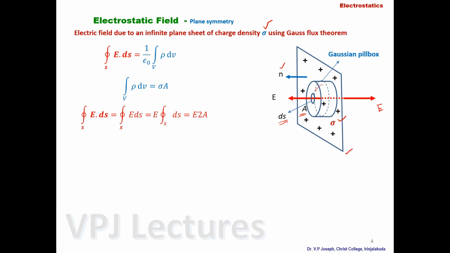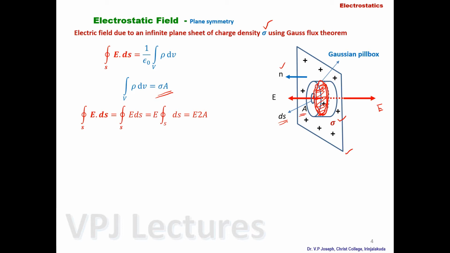The area of that section is A, and sigma is the charge density. So the total charge inside the Gaussian surface is given by sigma into A. So volume integral rho dv is equal to sigma into A.